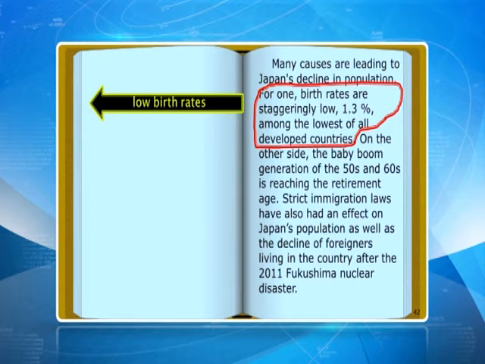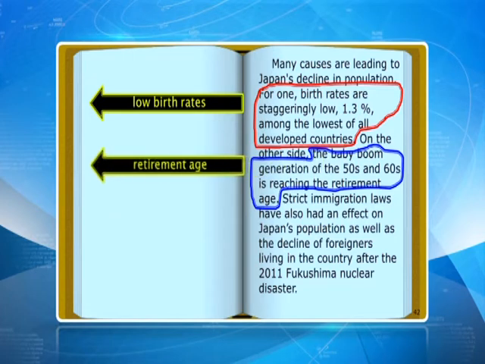Let's move now to the second sentence. On the other side, the baby boom generation of the 50s and 60s is reaching the retirement age. What is the main idea of this sentence? Try to think about it. Very good. It's clear that you are talking about the retirement age.